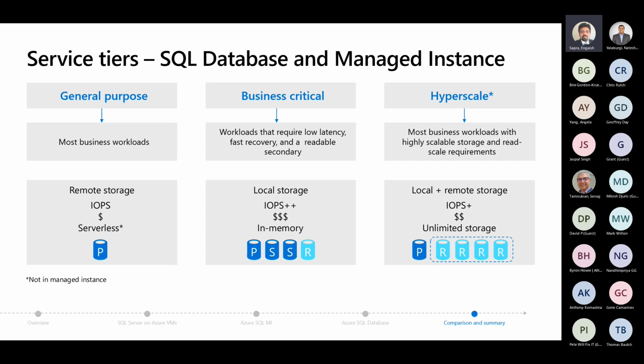Serverless compute, like we talked about, is meant for intermittent, unpredictable usage. So if we don't know what the database really does or what sort of application requirements will come into the picture, then serverless is another option, which can auto pause and resume with a little bit of time delay that you set, meaning when your database is paused, you only pay for the storage.